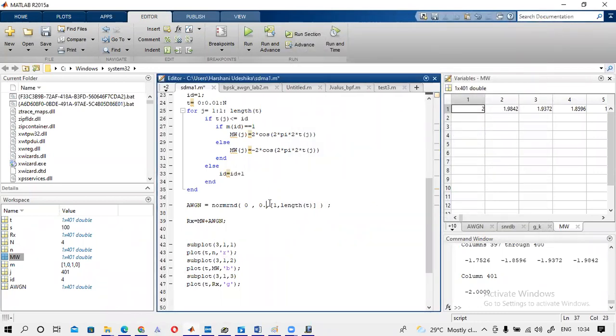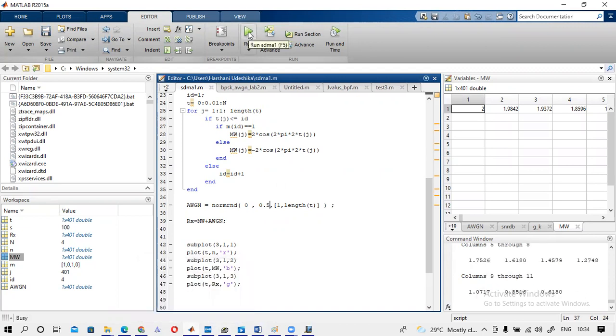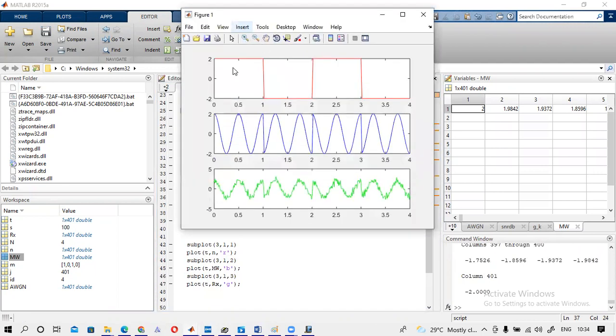Now you can see that we have very little noise, because the noise power is very small.